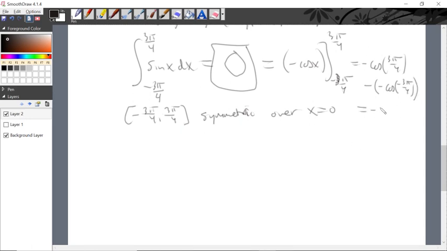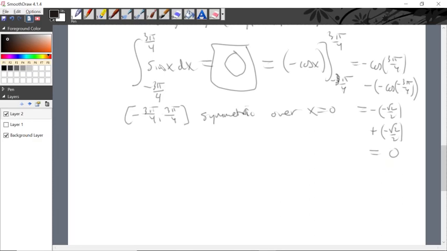The cosine of 3 pi over 4 is negative root 2 over 2, so we get negative negative root 2 over 2, and then minus minus, which is a plus, the cosine of negative 3 pi over 4, which is in quadrant 3, and that would be negative root 2 over 2. So we have root 2 over 2 minus root 2 over 2, and so that is just going to equal 0.